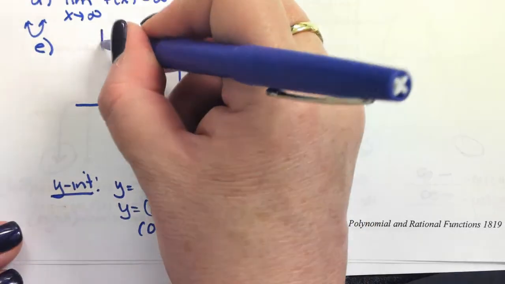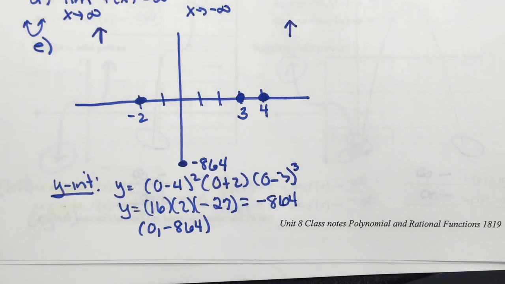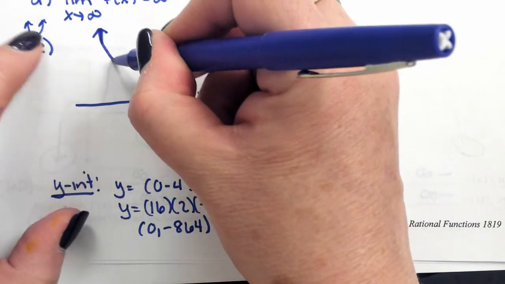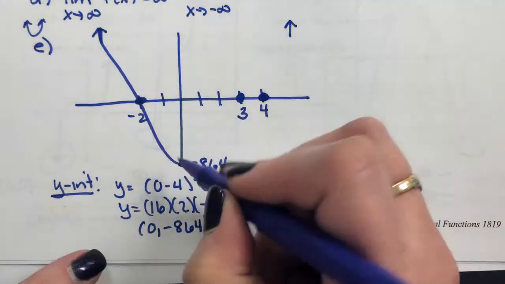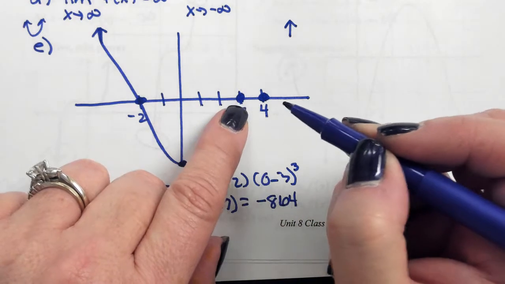It told me both ends are going to go up because it's an even degree polynomial function where the leading coefficient is positive. So what we talked about that's happening at negative 2, 0, it's just going to cross, come down, pass through your y-intercept. What's going to happen at 3, 0, which is the next x-intercept?